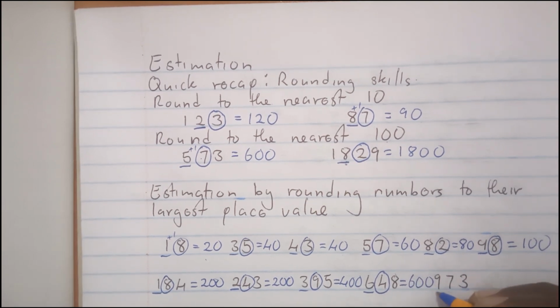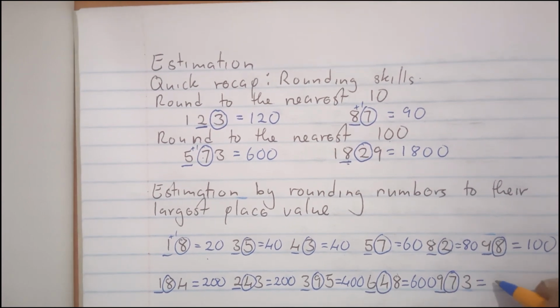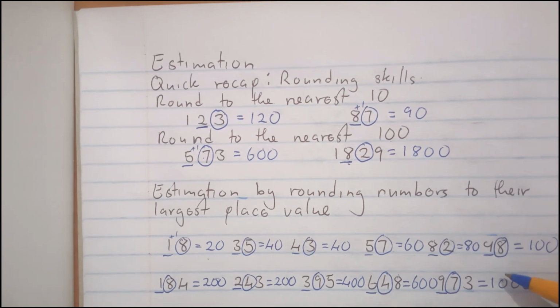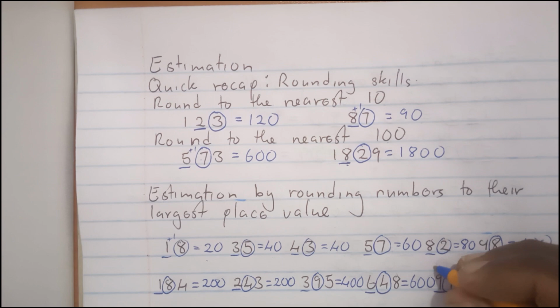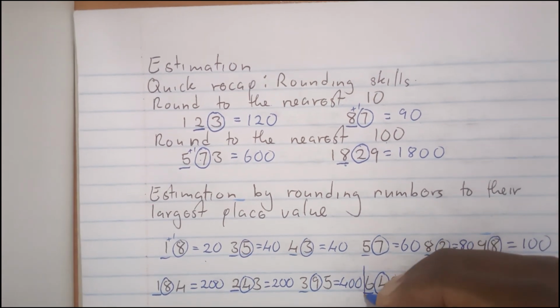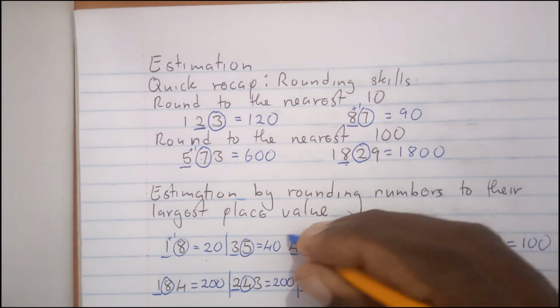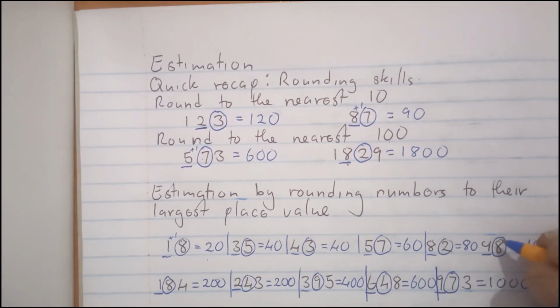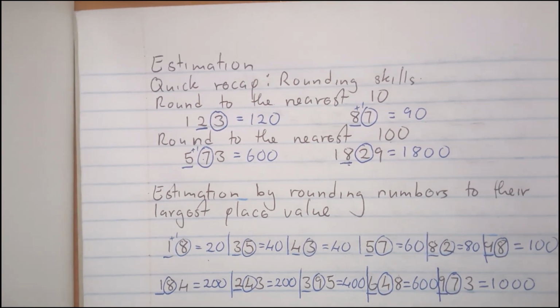And the last one becomes 1000. You can notice how some of these numbers go from 3 place values to 4. I'll just draw lines so that it's good for differentiation. The lines are just to help you differentiate the different calculations.